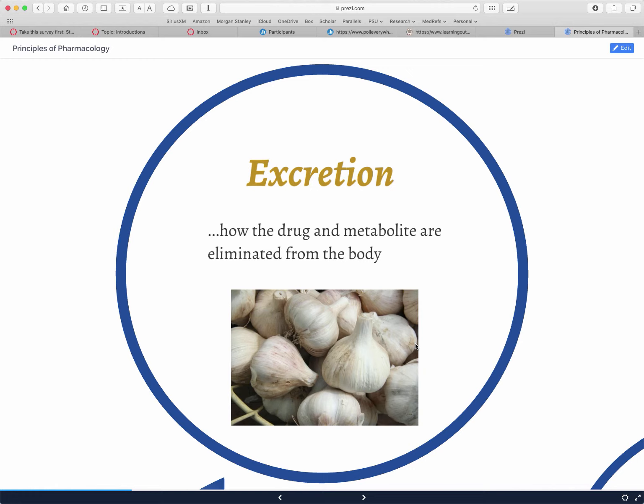Here's a picture of garlic, right? We all know what garlic is. And if you were friends with Chris Long and went to the same Eagles game that I went to with him 30 years ago, well, 25, you would have remembered vividly that Chris had several servings of, and by servings I mean entire bowls of garlic that was roasted, and he ate all that stuff with some delicious bread right before the game.